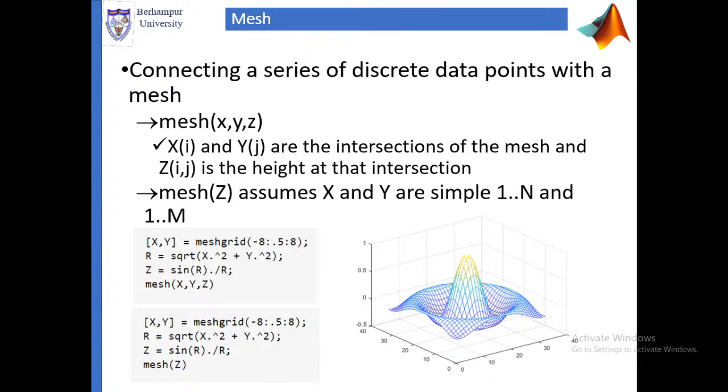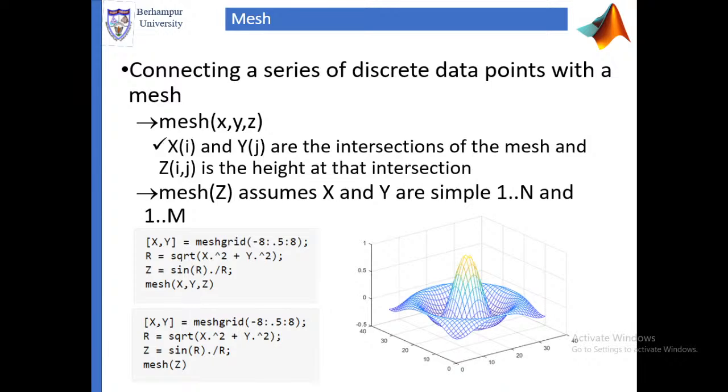If i is equal to 1, j is equal to 2, then capital X1, capital Y2 will give an intersection point, and at that point Z12 gives the height. That point will be connected to Z13, Z23, and those will be gradually connected. So this is the height of that intersection point.